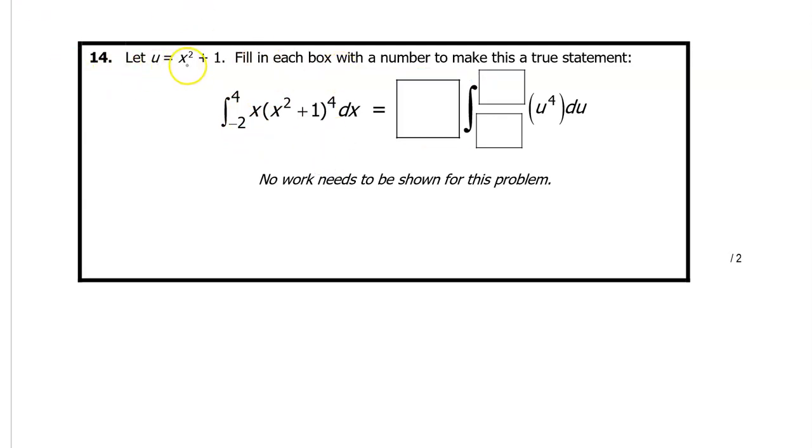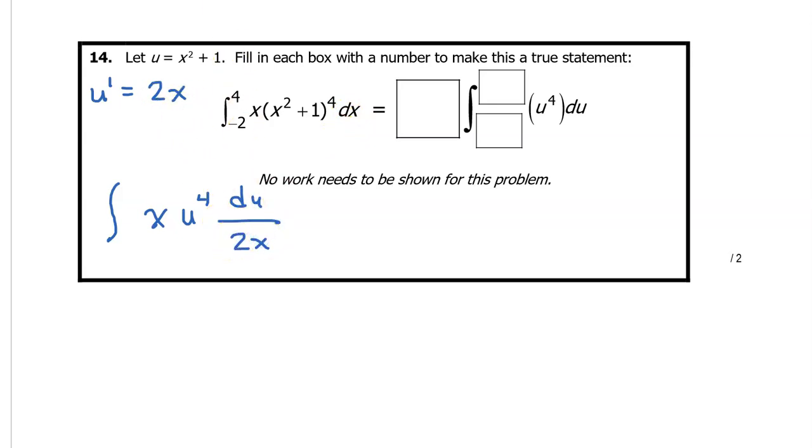u is x squared plus 1. That means that u prime is going to equal 2x. So when we do the substitution, we're going to have x times u to the 4th power, and then instead of dx, we will write du over u prime, which is 2x.